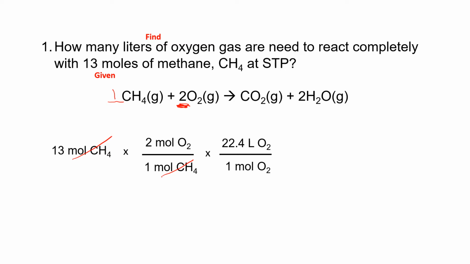So now moles of oxygen gas cancel, and we are left with liters of oxygen gas, which is what we ultimately want. So if we plug this into the calculator, we're going to get 582.4. We're limited to 2 significant figures, so that takes us to 580 liters of oxygen gas.